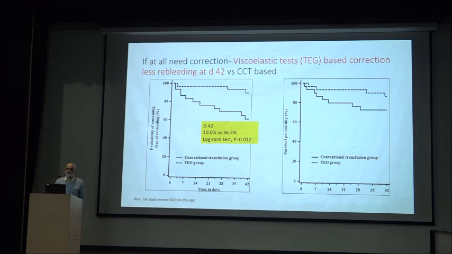Patients who were transfused based on viscoelastic test, TEG based, had less rebleeding at 42 days, as can be seen. Day 42 rebleeding rate is 10% in TEG based, whereas 36.7% in the conventional coagulation test, and there were also differences in the mortality in the two groups.